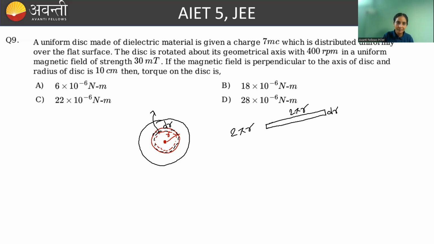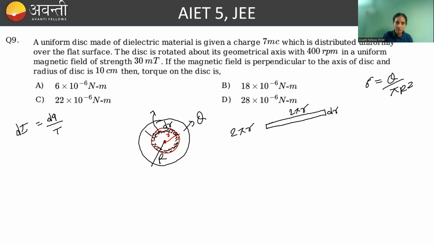Again, in this area, how much charge is there? Current, how will we calculate it? The small current flowing through this loop will be equal to the small charge enclosed in this element divided by time period. So how much charge? On the whole area, Q charge is distributed. So charge per unit area, sigma, is Q by pi R square, where R is the radius of this disk.